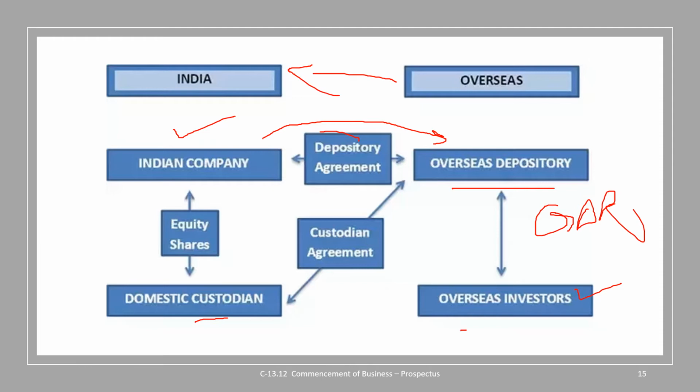If the overseas investor wants to be in the register of members of the company, then it has to be after the shares are transferred from overseas depository to the overseas investors, and there is a direct link with the Indian company. But so far as the GDRs are concerned, the direct link will be only between these two entities. This is the brief explanation for the way the things flow.